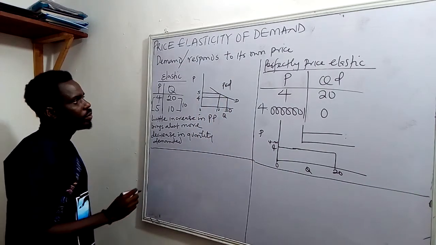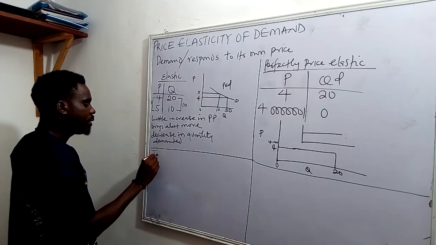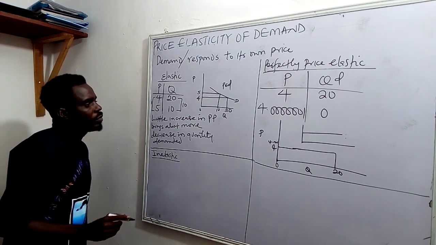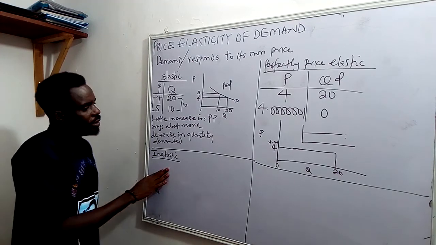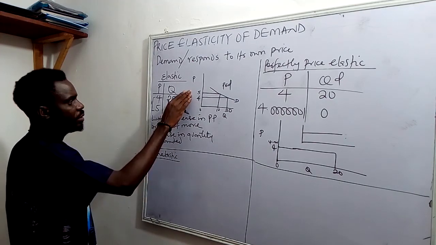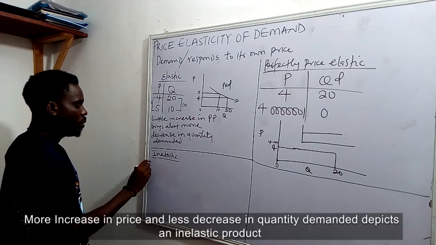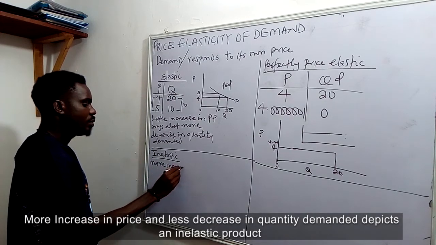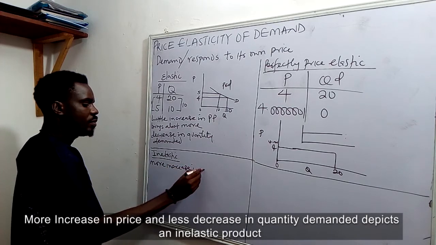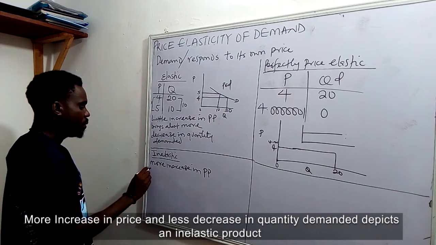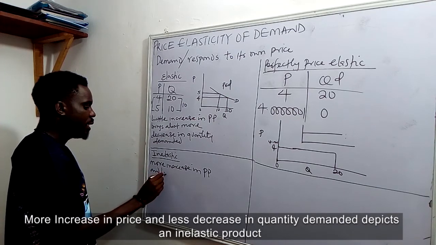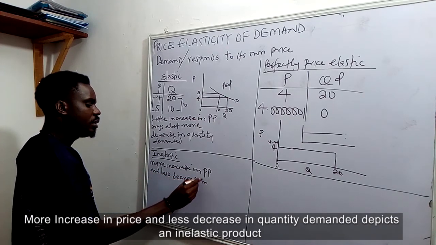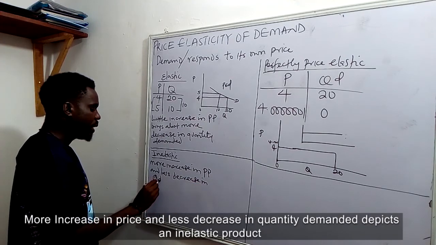The third scenario, inelastic. Inelastic is the direct opposite of elastic, that is, more increase in price and less decrease in quantity demanded.